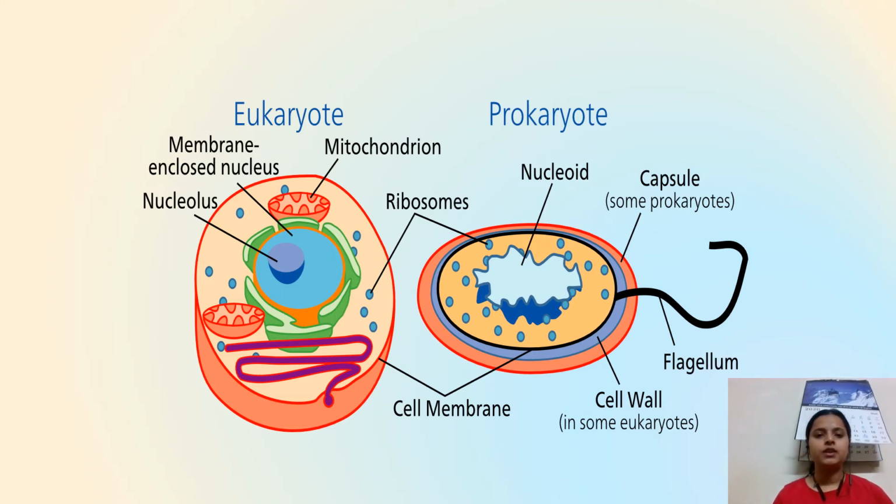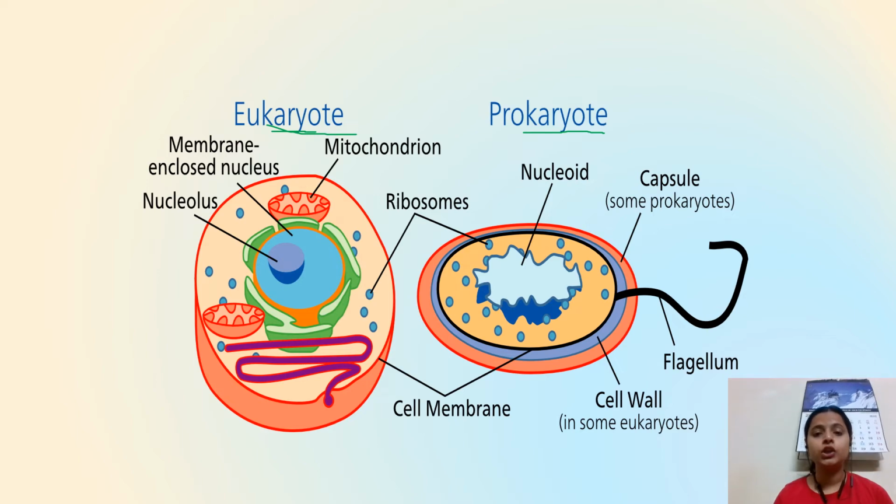Here you can see two types of cells, prokaryotic and eukaryotic. Pro means new, advanced cells. Eu means earlier, older cells. Karyote means cell. Here we can see that ribosomes are present in both eukaryotic and prokaryotic cells. Mitochondria is there in the eukaryotic cell.